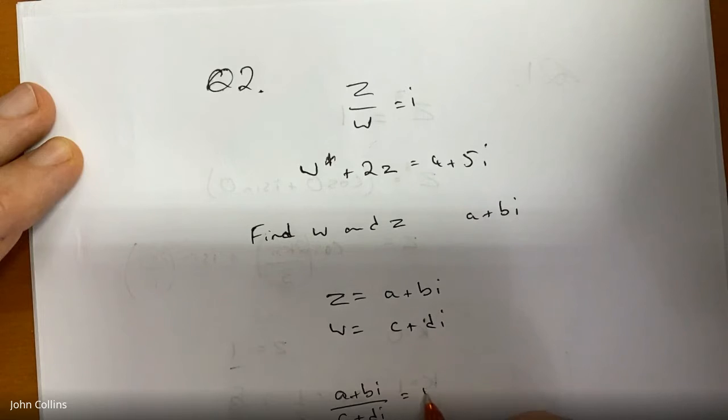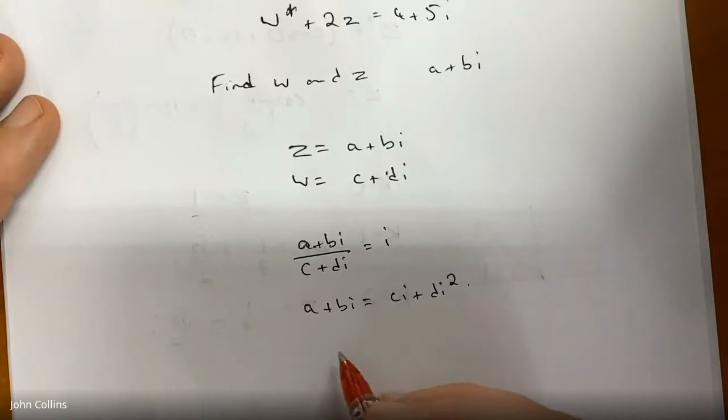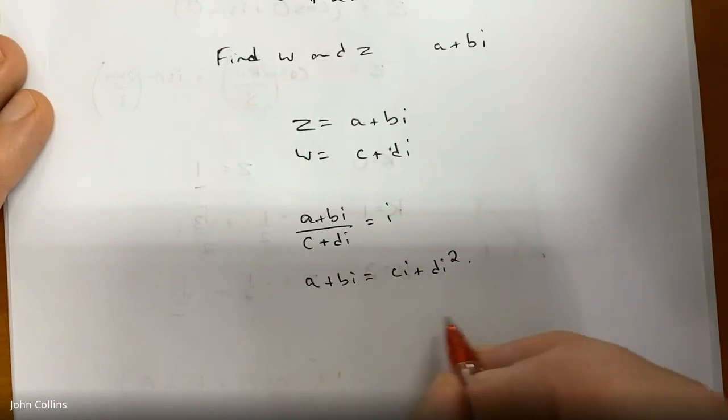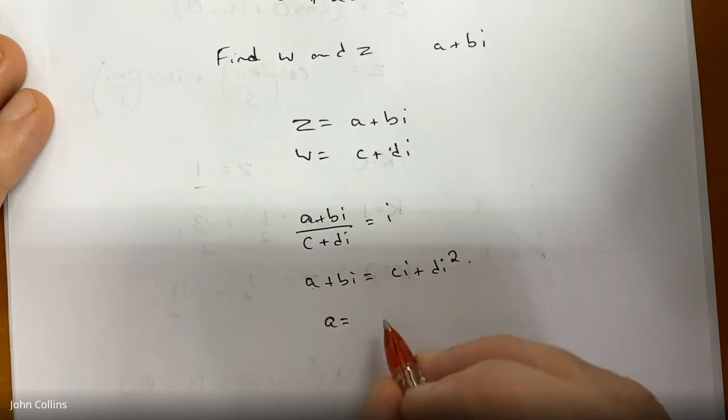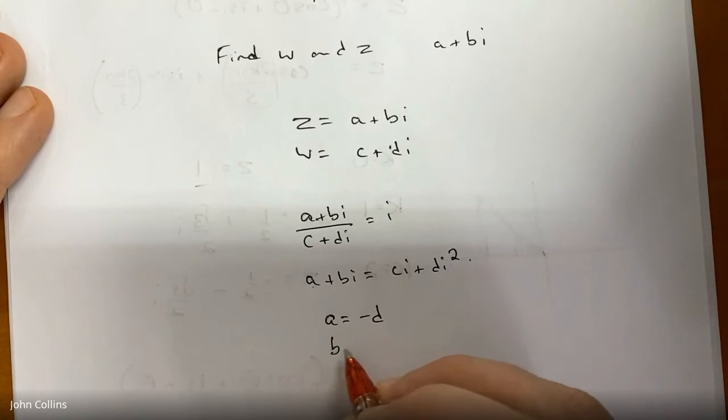And then I substituted both of those into the first equation, so A plus BI over C plus DI equals I. Then I multiplied out by the bottom and then rearranged to equate the real and imaginary parts. A equals negative D and B equals C.